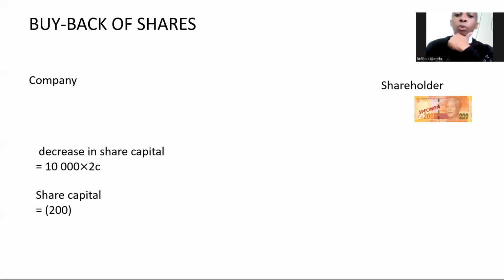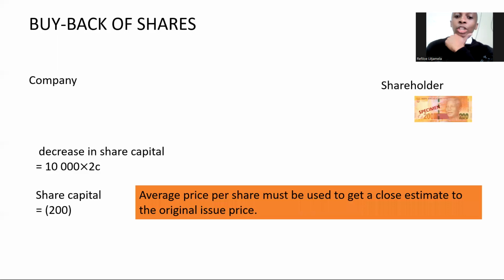Therefore, we're going to approximate the original value of each share by using what we call the average price per share. I normally refer to it as APPS, which stands for average price per share. That is the close estimate of the original price of the shares that we initially issued.